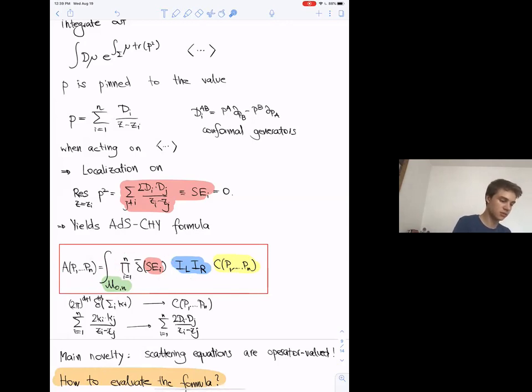You get, as before, these Parke-Taylor factors, and instead of the momentum conservation, you now get the scalar Witten diagram. So again, there's a useful way of remembering this. You just replace the contact diagram in flat space with the contact diagram in AdS, and everywhere you see a k_i, you replace it with the conformal generator D_i.